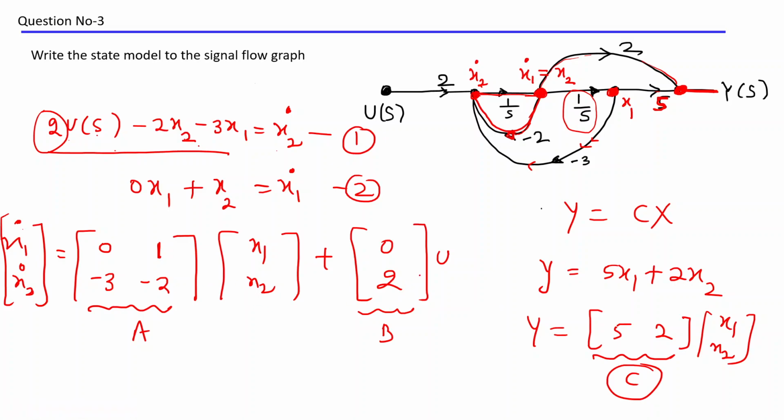Understood? Sir, B alone you say it once, sir. B matrix is related to input, right? U is nothing but your input. B matrix is related to input. In equation 1 where x2 star is there, a U term is there.